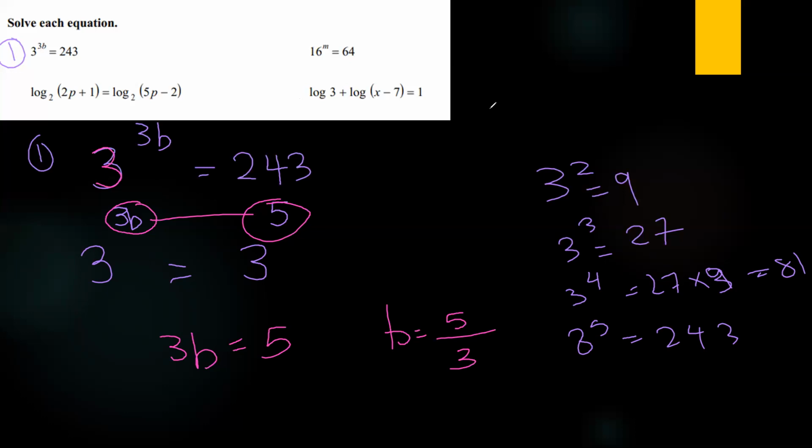Let's now do number 2 here. 16 to the power m equals 64. As I told you, I need now to find m. To find m, I need to rewrite 64 as 16 to the power of something.